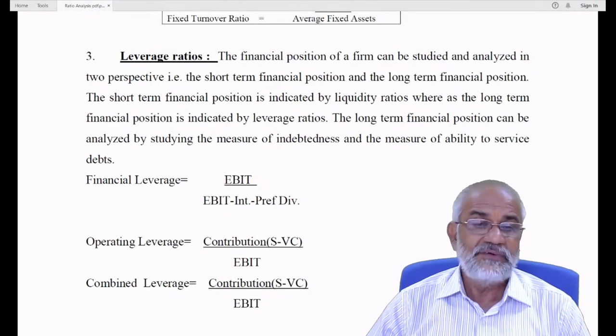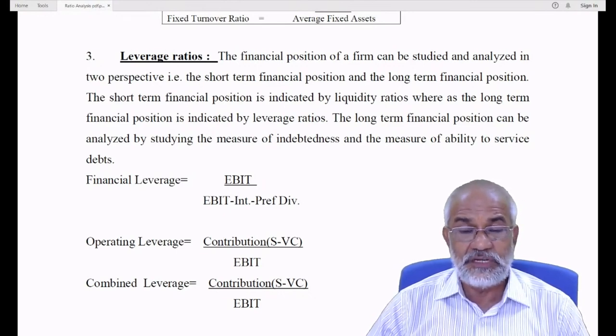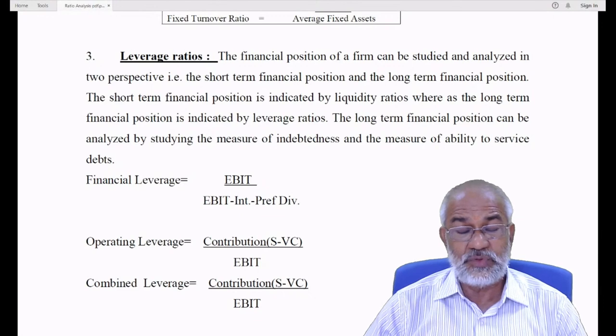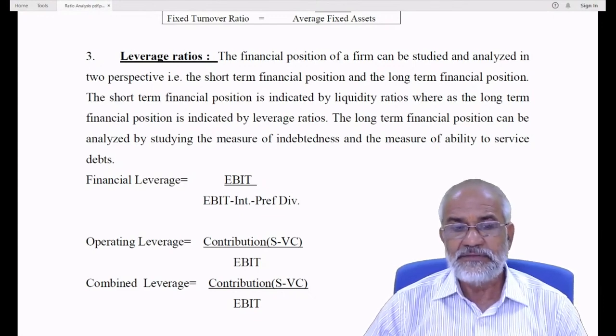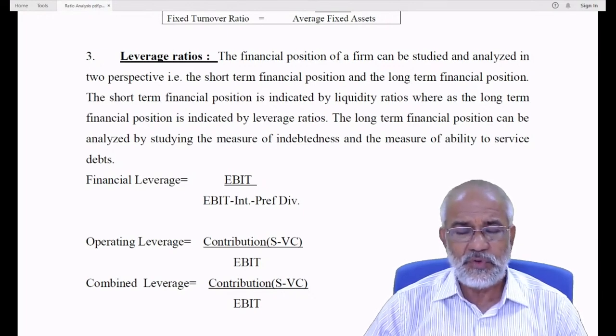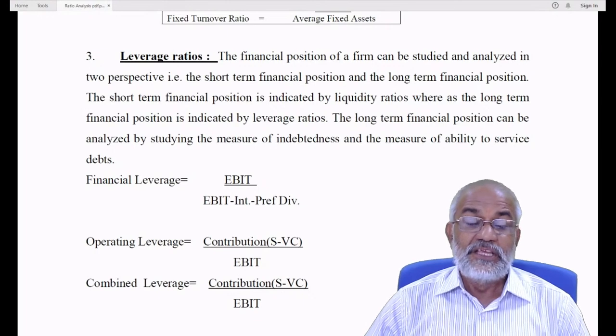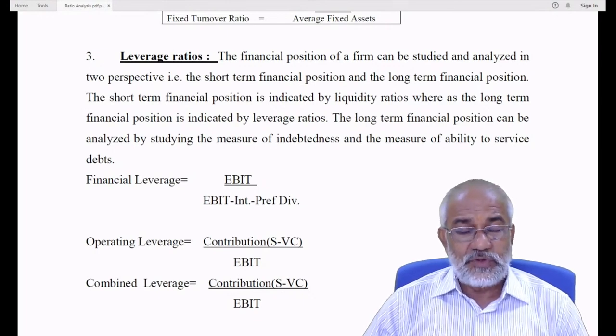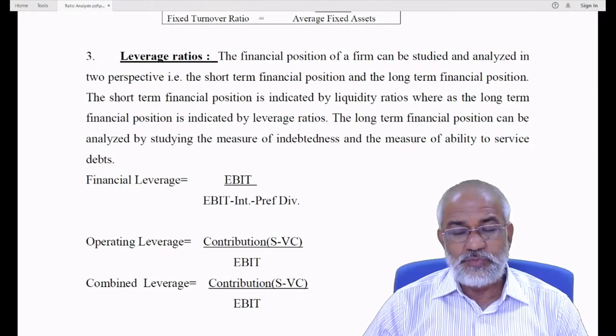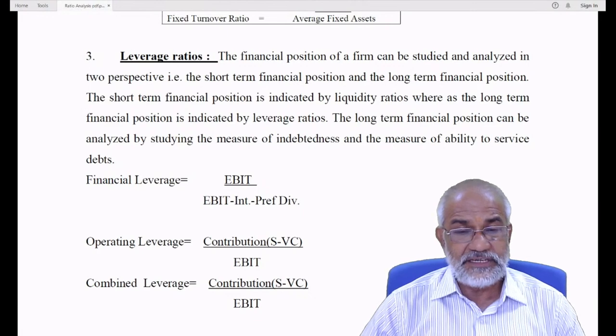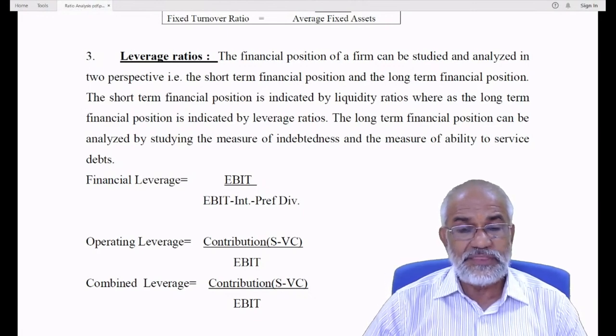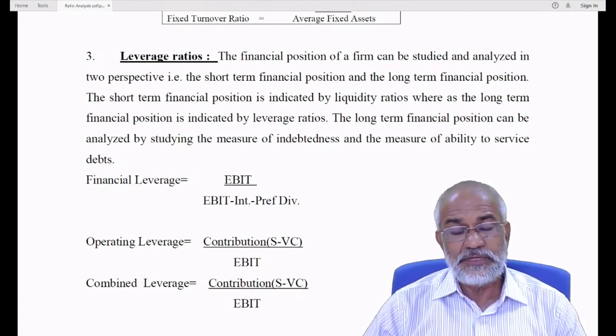And that 50,000 will go to the pocket of the existing equity shareholders, and the number of existing equity shares is only 1,000. It is not increased. It remains the same because the entire fund is being taken as a loan from outside. So the net earning is 50,000 rupees, 60,000 minus 10,000 deducted towards interest. When that is divided by 1,000 equity shares, earning per share became 5.